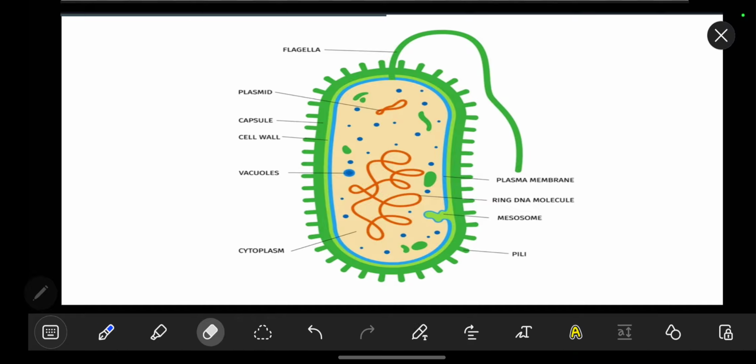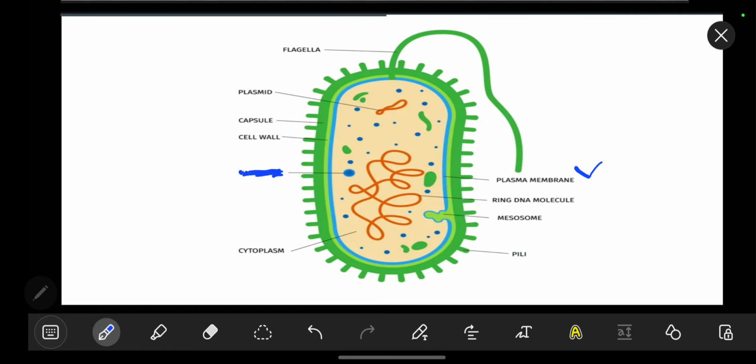So now, the flagellum's function is to help the bacteria or the prokaryote in locomotion, which is just movement from one point to another. So now we are going to neglect the vacuole, which is not predominantly present in the bacteria. So now we have the plasma membrane.